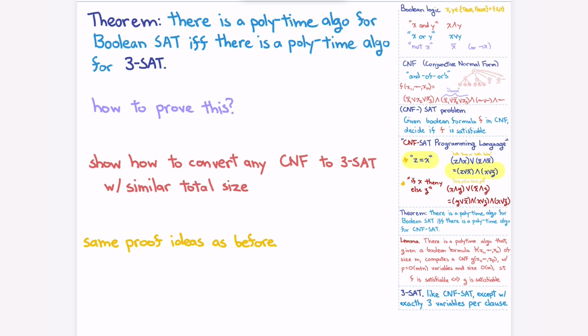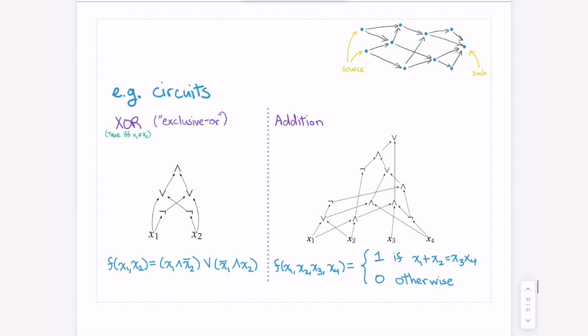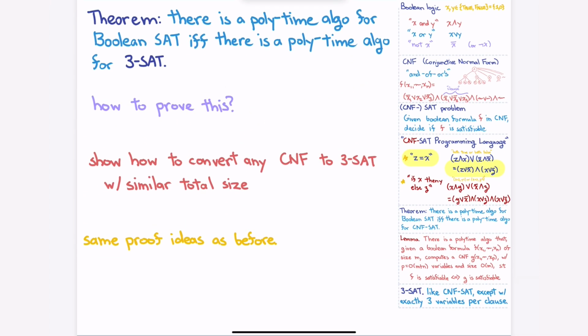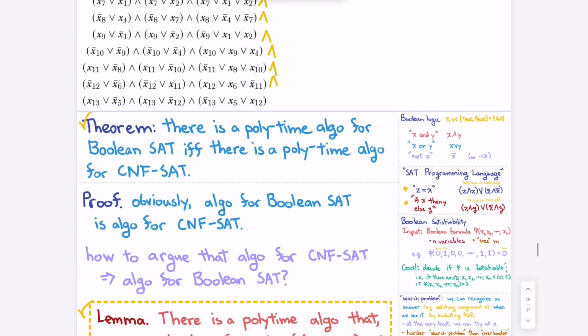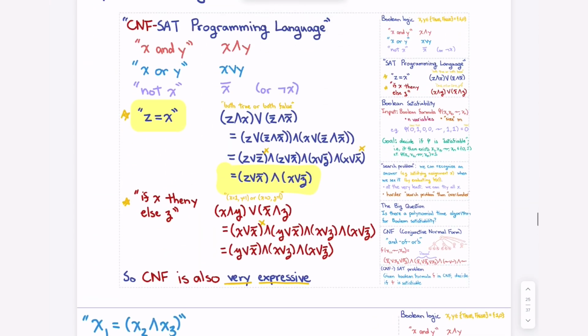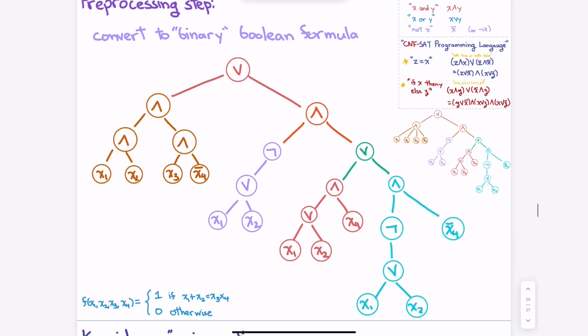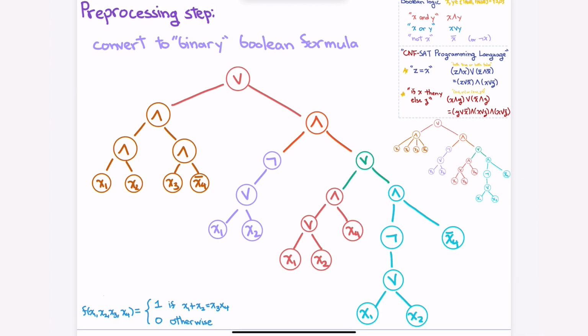Okay, let me give one more. Yeah, so maybe we'll go through it slowly. There's really two steps in our construction. The first step is to convert it first to binary form.